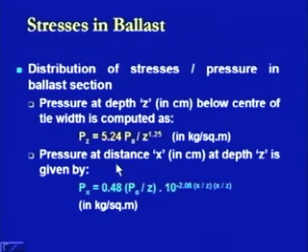Similarly, the pressure at a distance x can be computed at a depth z by 0.48 Pa divided by z multiplied with 10 raised to the power minus 2.06 multiplied with x divided by z, and x divided by z, that is the square of this one. So, this is how we can compute the value of a stress at a distance x at a depth z from the point of application of the load or the rail seat.